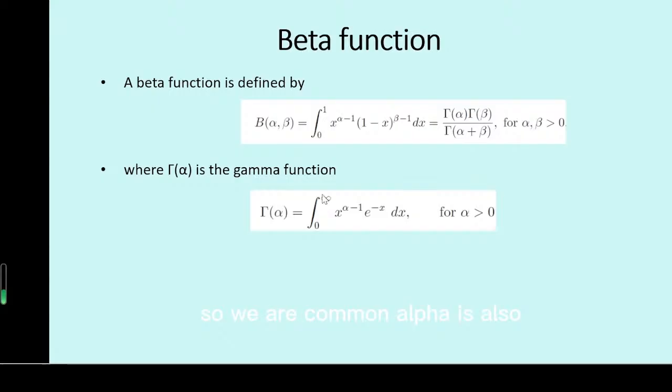Gamma alpha is also an integral of x to the power alpha minus 1 times e to the power minus x dx, with lower bound 0 and upper bound positive infinity, for all alpha values.